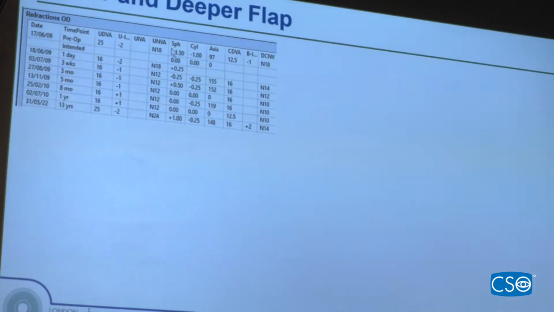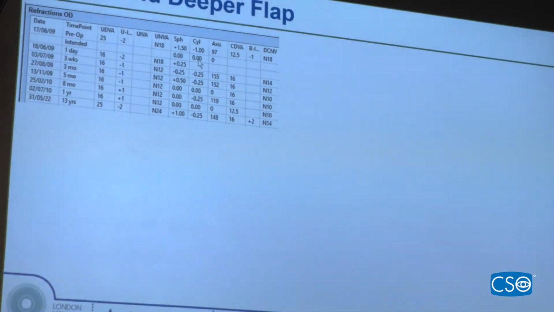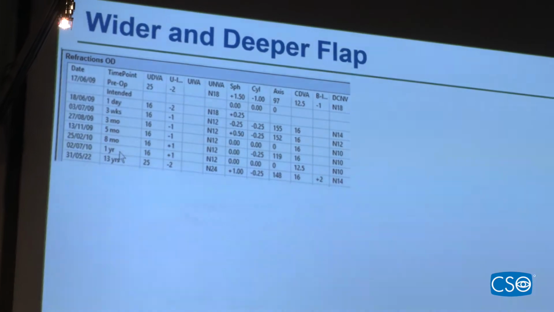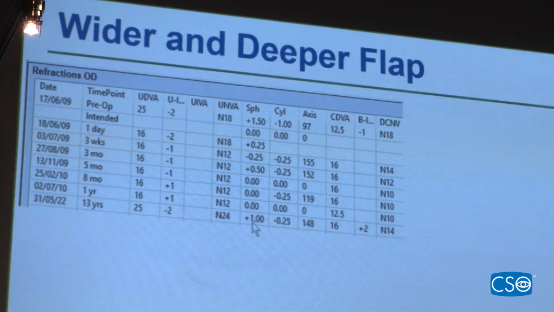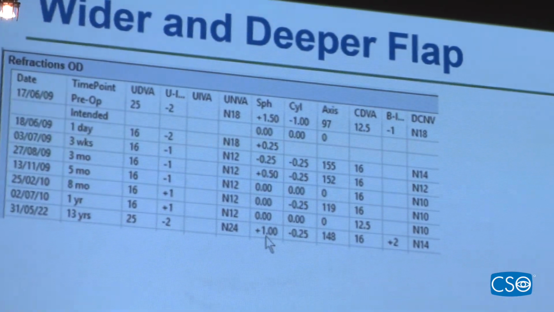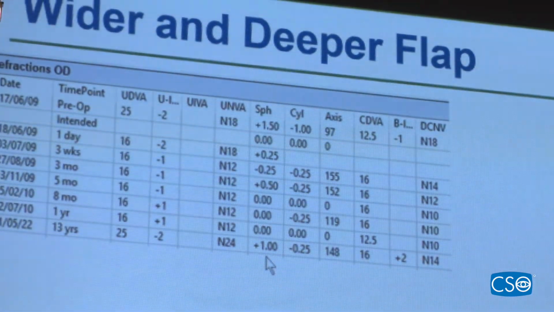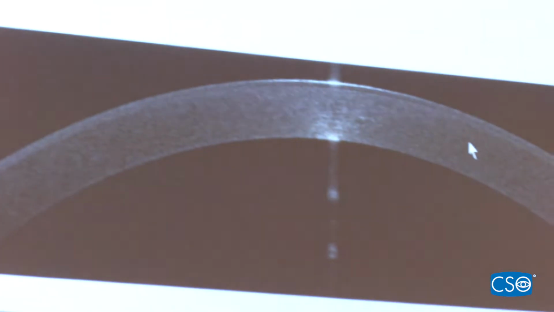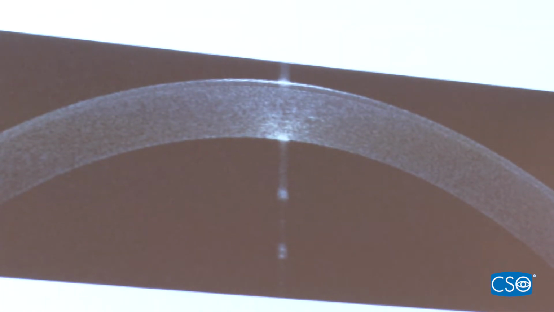Yeah, so this is someone who in 2009, I did a hyperopic correction in this eye, and the patient was exactly on target at 1 year, and he came back at 13 years post-op, a little bit hyperopic again. I know most people take clear lenses out, but everyone here knows my view on clear lens exchange. And so here's the map. Now, of course, not often with OCT can you see the interface, but you can sometimes, and in this case we could.